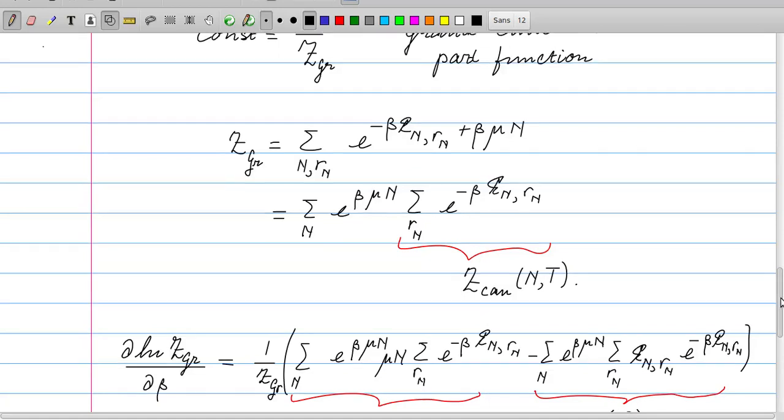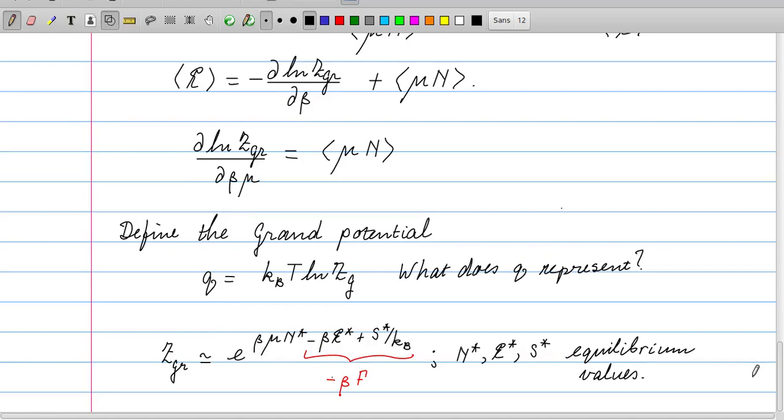So let's see what we obtain. We then get the following. So here is the e to the power beta mu N star, and from this canonical partition function we get a minus beta F in the exponent as promised, and the stars everywhere, they mean the equilibrium values, and we have replaced the F by E minus TS.